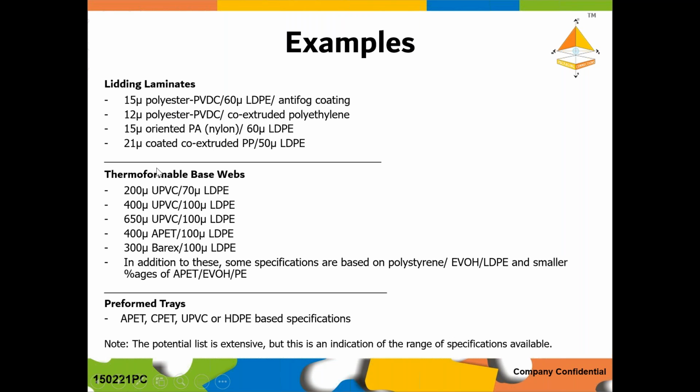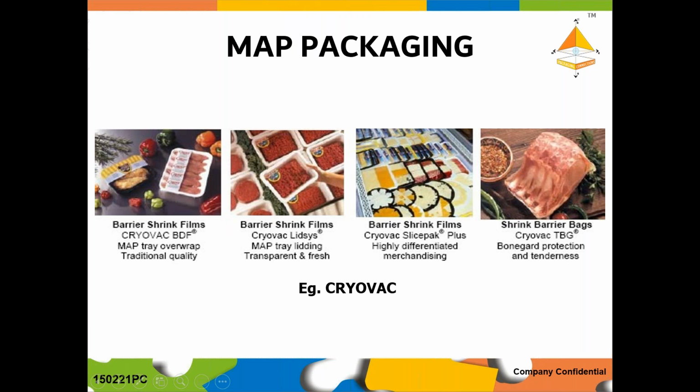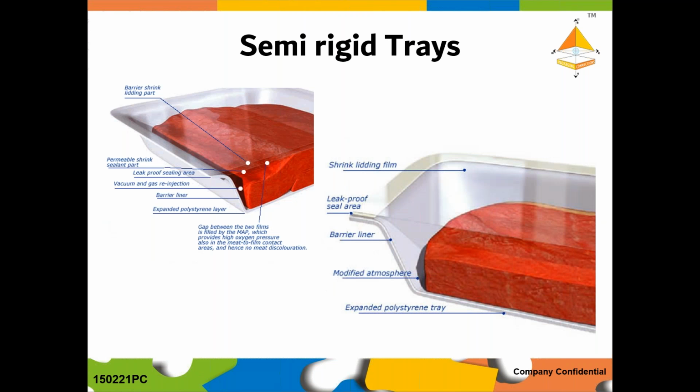The different leading laminates, the thermoformable base wraps, preformed trays, some of the mat packaging. This is, I think, on the Cryovac. This is some of the rigid trays. This is the shrink film applied, leak-proof seal area, barrier film liner inside.